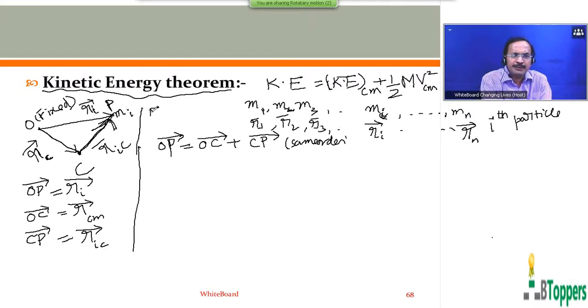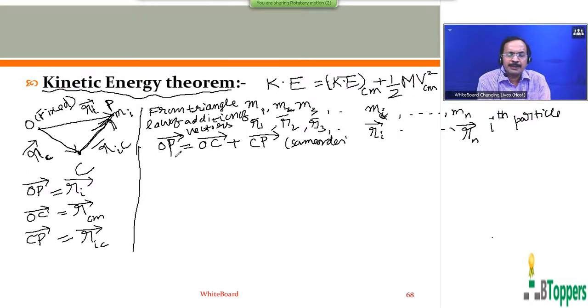According to the triangle law of addition of vectors, if two vectors are represented graphically by the two sides of a triangle taken in the same order, then the vector represented by the third side of the triangle taken in the reverse order represents their vector sum, both in magnitude and direction.